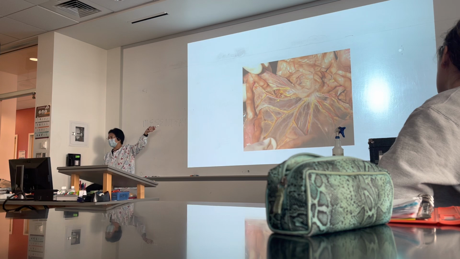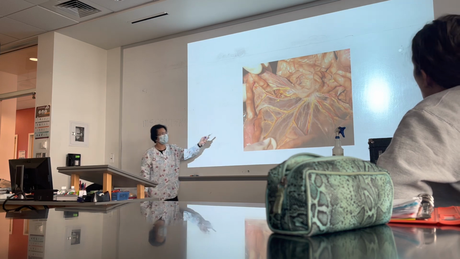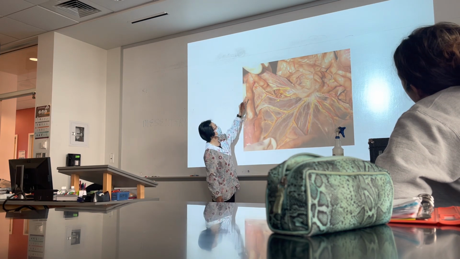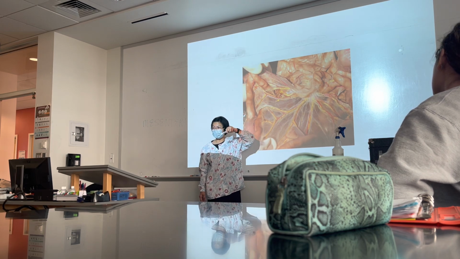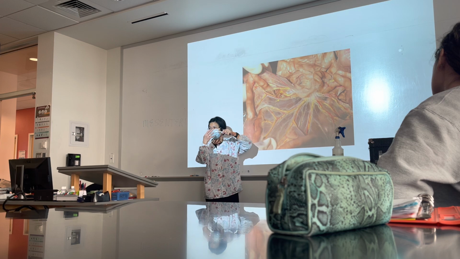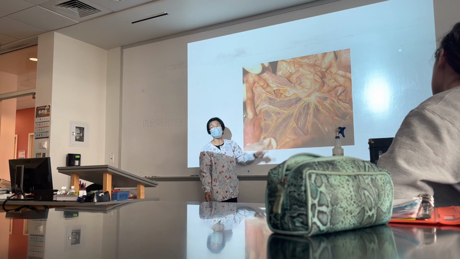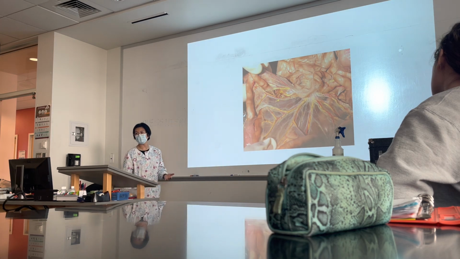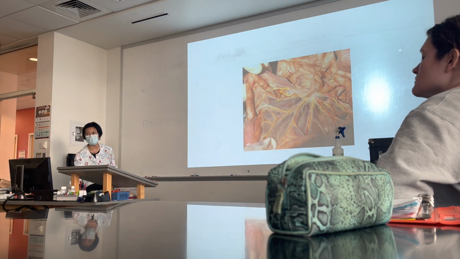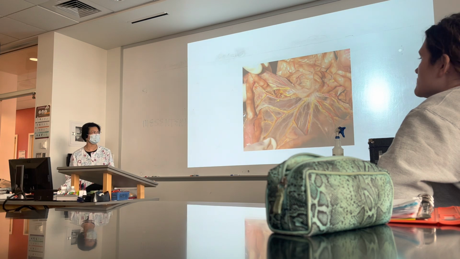This is the cat. And you can see the red, right? This is your small intestines. The small intestines is the part of the digestive system where we absorb nutrients. And the red are your blood vessels, and that's where you absorb your glucose, your amino acids, all of the water-soluble substances.